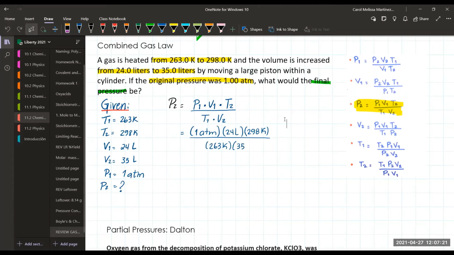This allows us to cancel liters with liters, kelvins with kelvins, and the remaining unit must be atmospheres. So my second pressure, my final pressure for this gas is going to be how much?